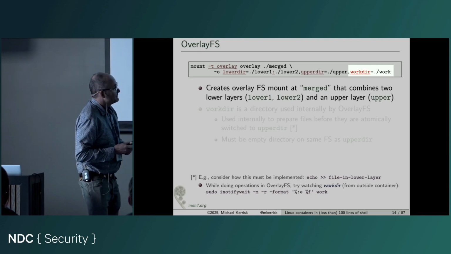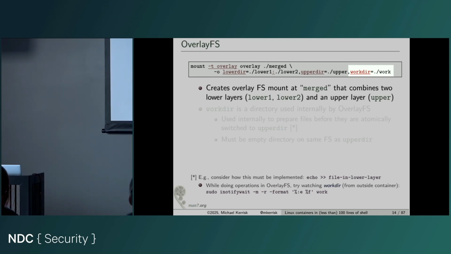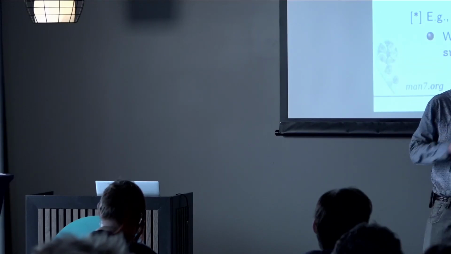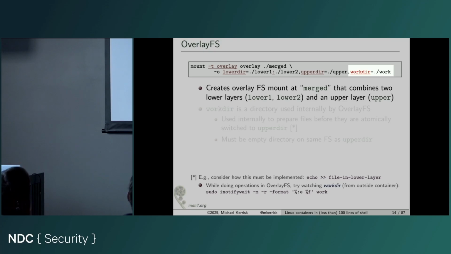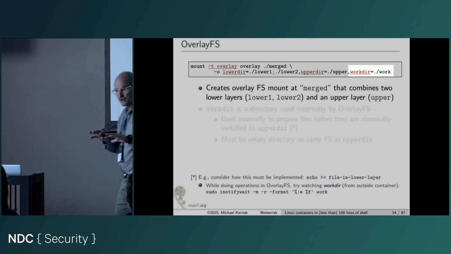For instance, suppose you do an echo command to add some content at the end of a file that's in a lower layer. Ultimately, what you end up with in the upper layer is a complete file with that additional content. But until that complete file has been built, you don't want the partially copied file to be visible because it's not yet completed. And this is done in the working directory.